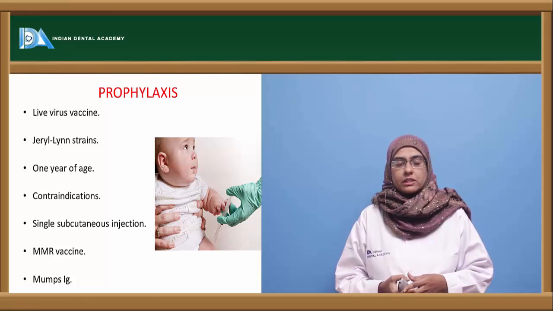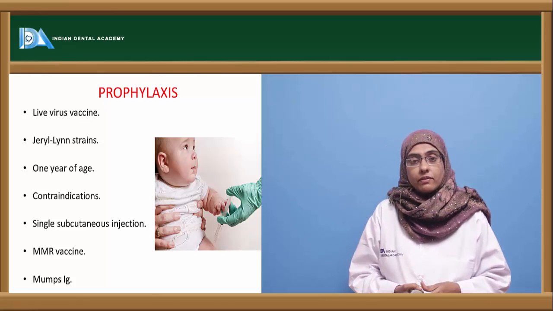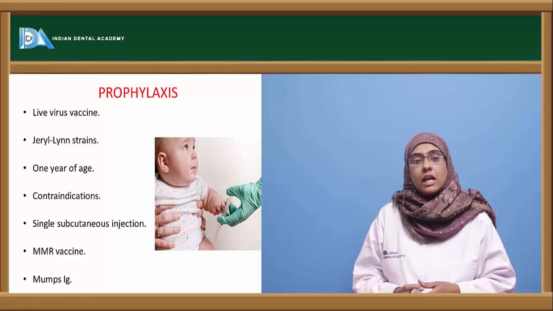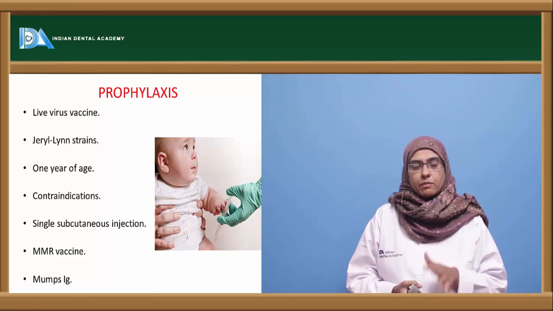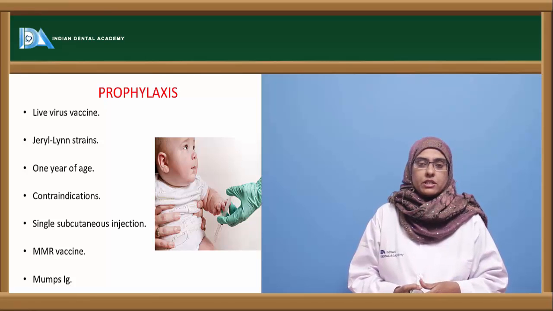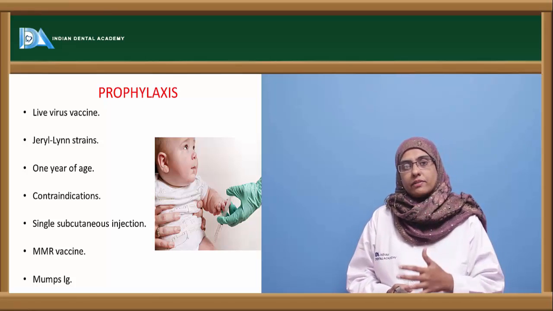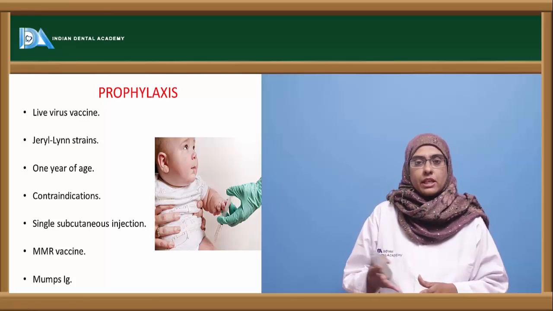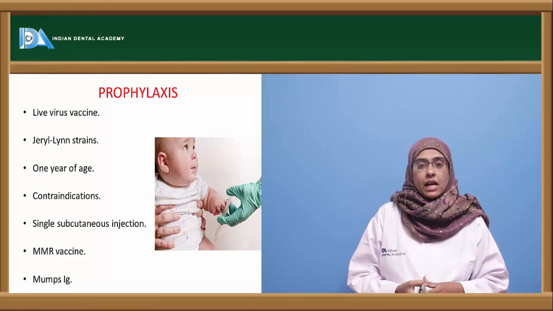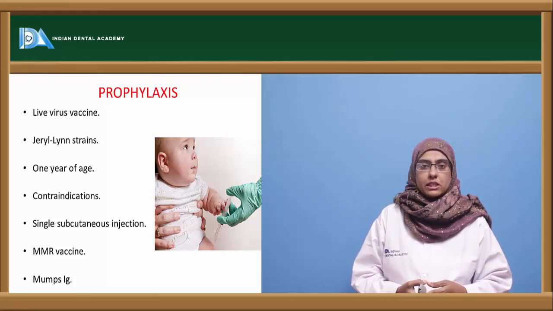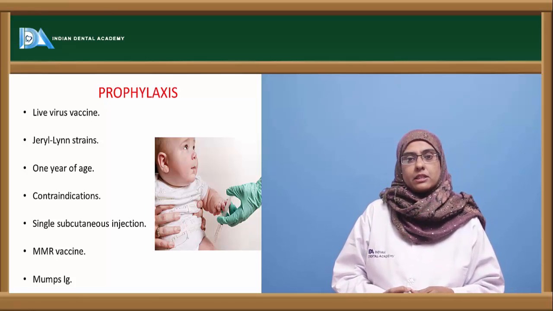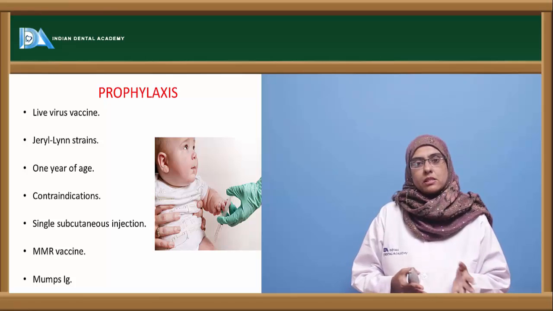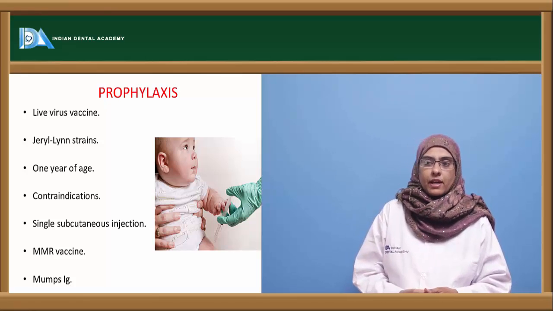And this vaccine is given only after 1 year of age, because before that the child will be protected with the mother's passive immunization. Natural maternal passive immunity will be there, and hence it is only after 1 year that the children are usually given this particular vaccination. And it is given as a single subcutaneous injection, either singly or in combination with other vaccines, that is the MMR vaccine, mumps, measles and rubella vaccines.